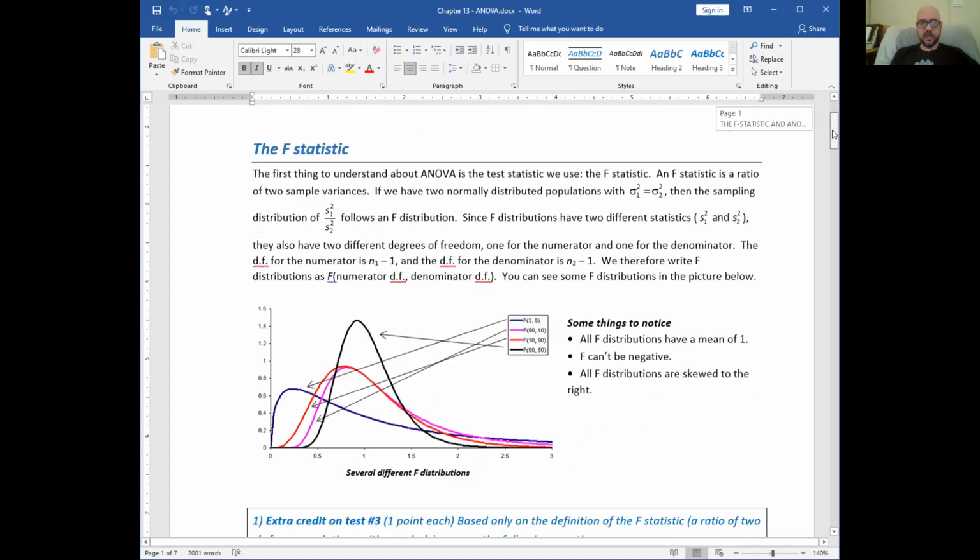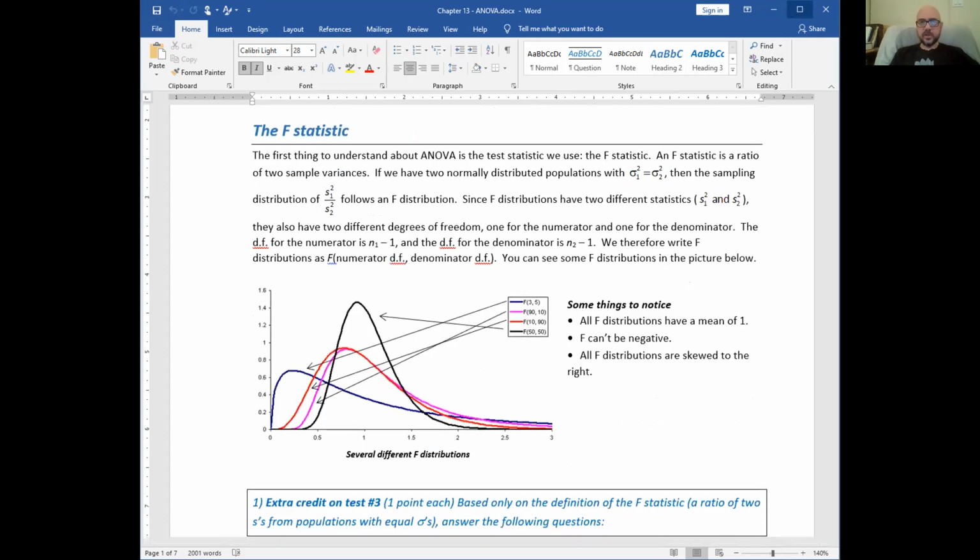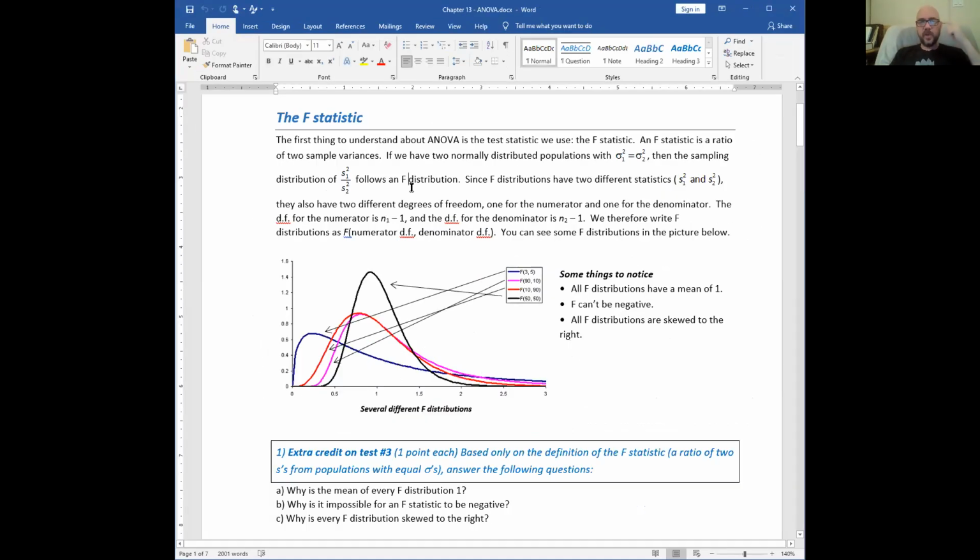So the F statistic is, excuse me, I'm going to make this a little bit bigger so we can see it a little bit better. The F statistic is a ratio of sample variances. That's what it is.